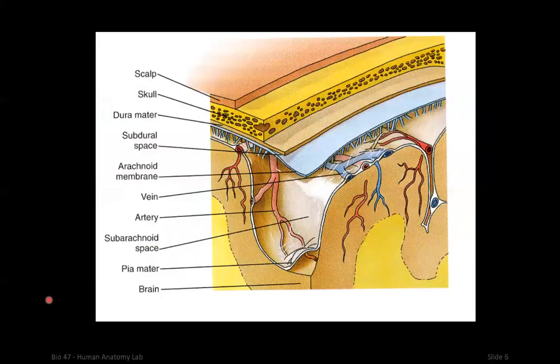The brain is also protected and supported by this three-membrane layer that envelops the brain and the spinal cord. And these three layers are known as the dura mater, the arachnoid mater, and the pia mater. And on here, here's the dura mater, the arachnoid mater, and the pia mater.